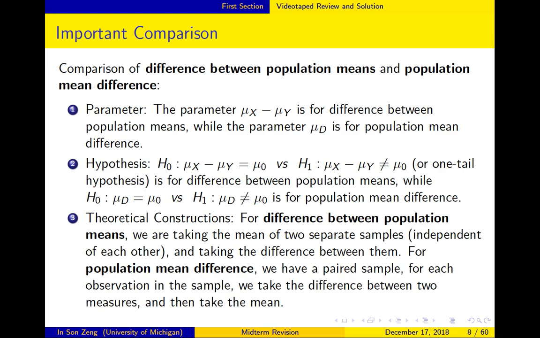For the one-tail, we just have, like, mu x minus mu y less than or equal to some number mu 0 versus H1: mu x minus mu y greater than mu 0, or vice versa. So that kind of hypothesis is for the difference between population means.